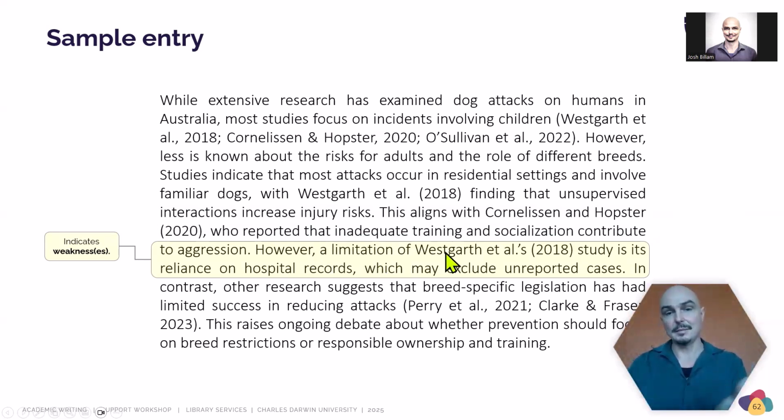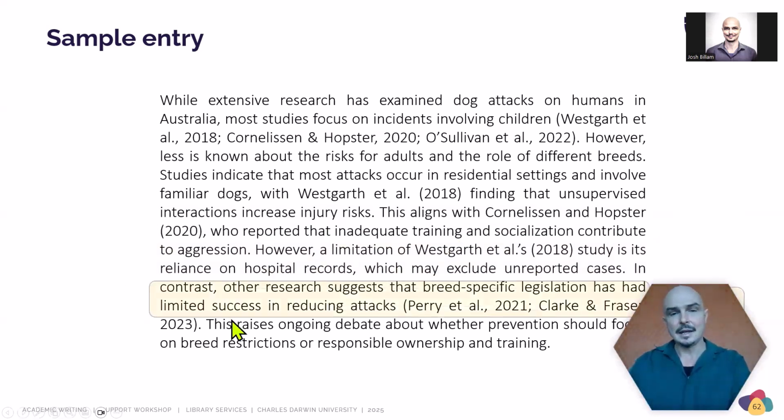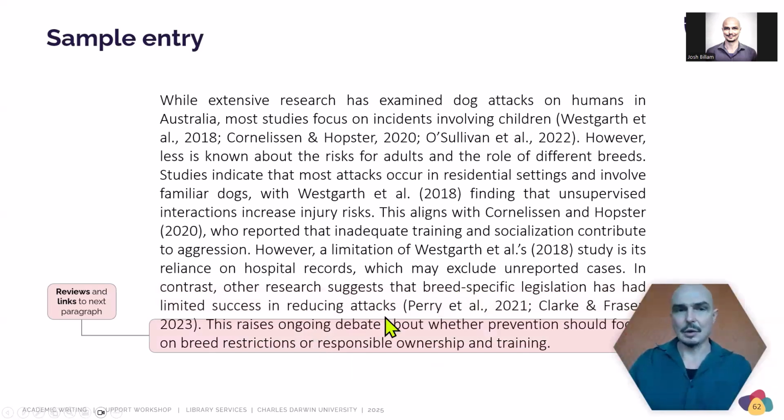So it's, a limitation of this study is that, methodologically, it only examined people who've reported dog attacks when most dog attacks are unreported. So we've identified a weakness or a limitation with a source. In this one, it's also contrasted and shown where one source has disagreed with another one, and then has some kind of review or linking statement.